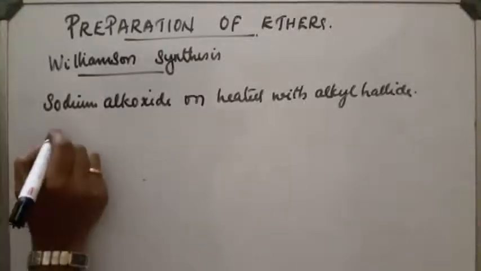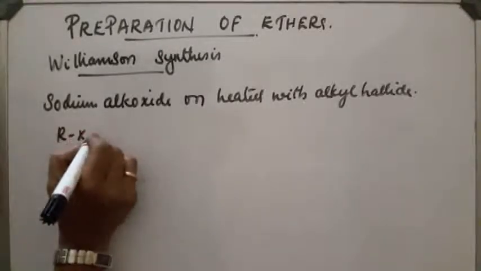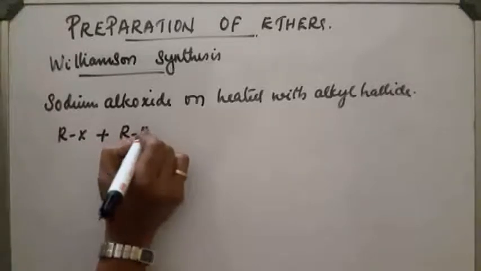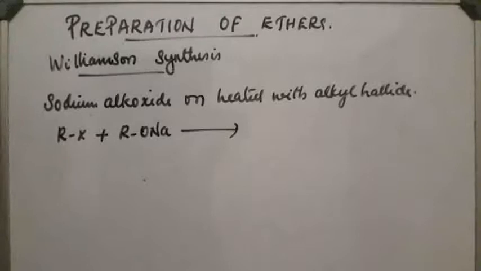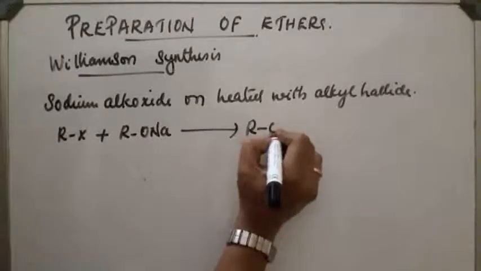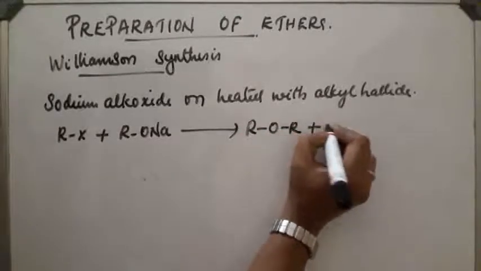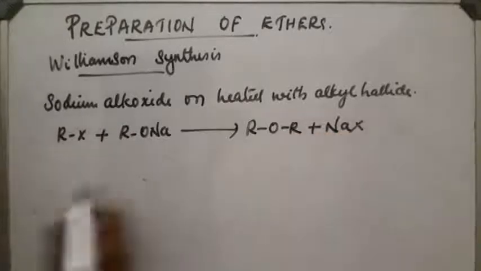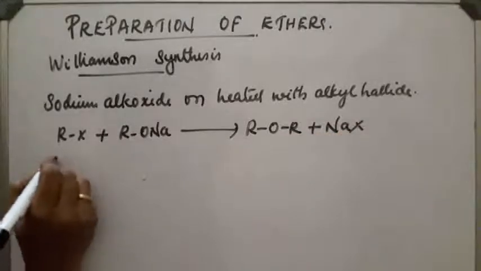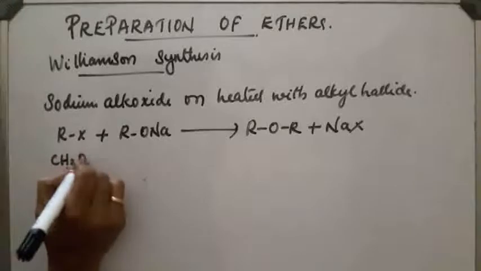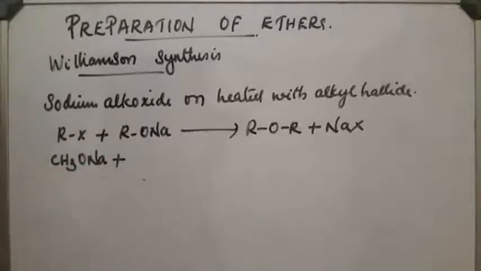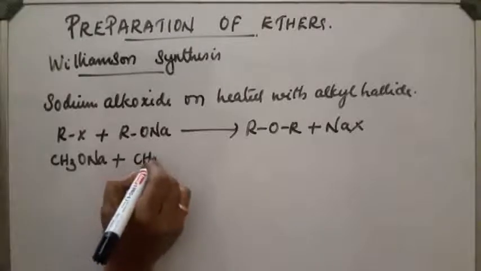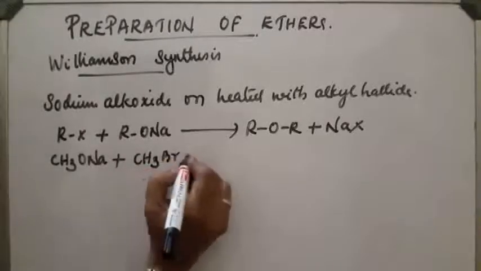The reaction will be RX plus RONa, sodium alkoxide. Reaction takes place and the product obtained will be ROR, ether, plus NaX. Let's take one example. CH3ONa, sodium alkoxide, alkyl group is CH3, plus CH3Br.